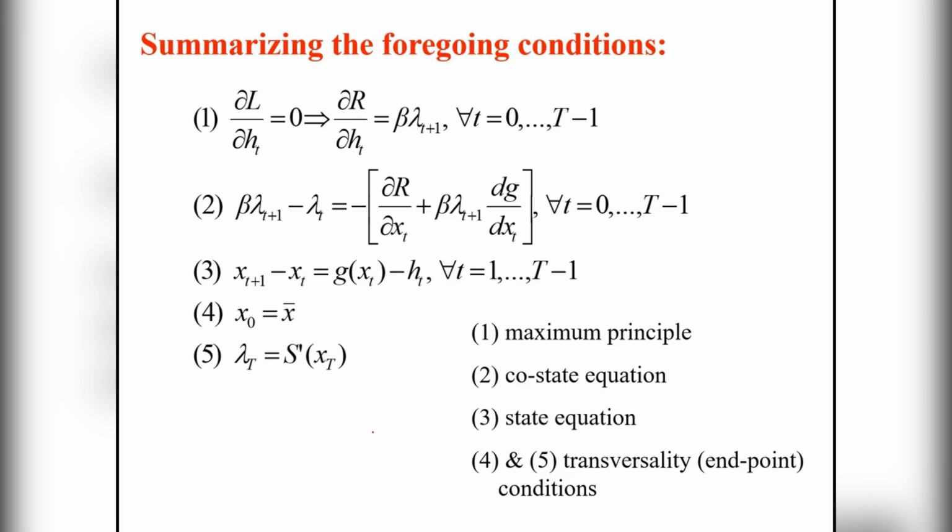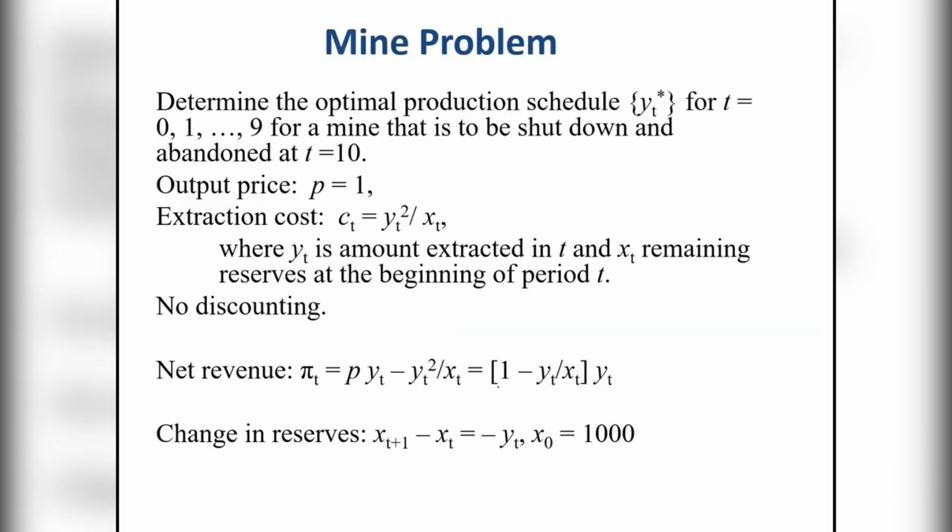The starting point condition, x0 equals x bar, and then lambda t is the shadow price in the final period, which is the first derivative of the salvage value with respect to the amount of animals still available in period capital T. And they're referred to as the transversality conditions. Now, I would not worry about what these particular terms mean, because that is what we will do in 351. Now, we can look at another example, the mine problem, just for fun.